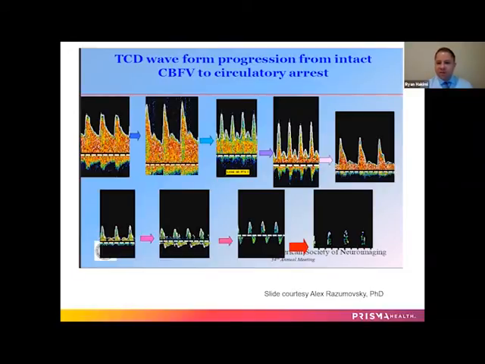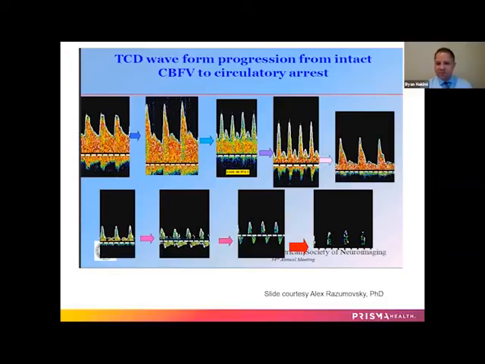So you have to be able to differentiate between the patient doesn't have windows, such as in elderly African Americans who have a higher propensity to have hyperostosis, or those on chronic dilantin therapy and so on and so forth, in comparison to the patient doesn't have cerebral blood flow.